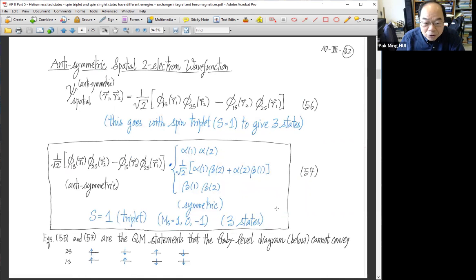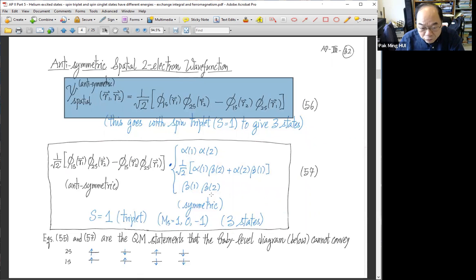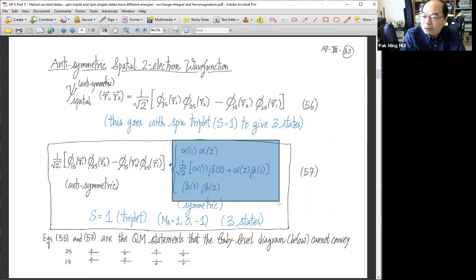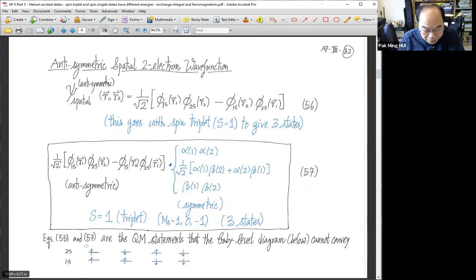Similarly, we can construct an antisymmetric space part to go with the S equals 1 triplet spin state. So altogether, there are 4 states. That is natural. Even with cartoon form, we know that there are such 4 possibilities.